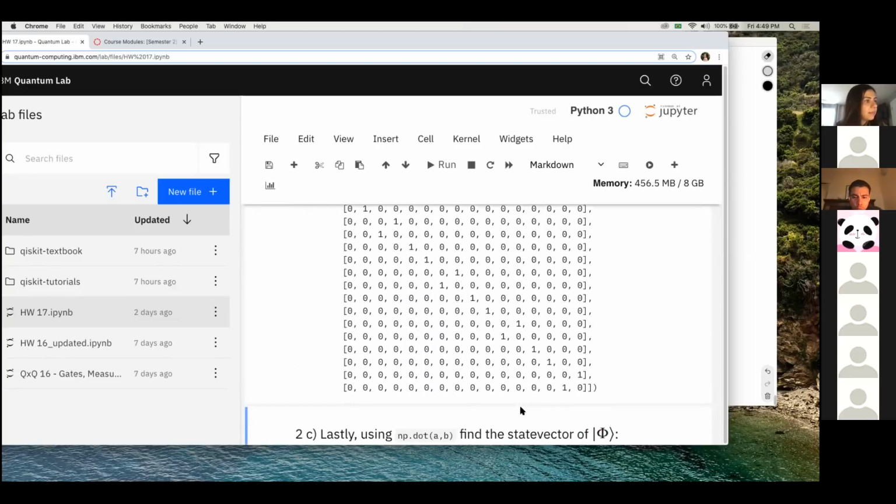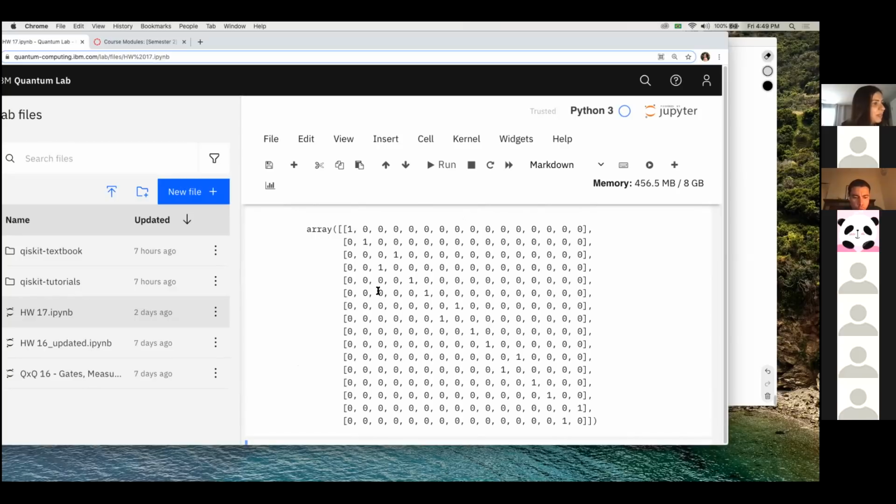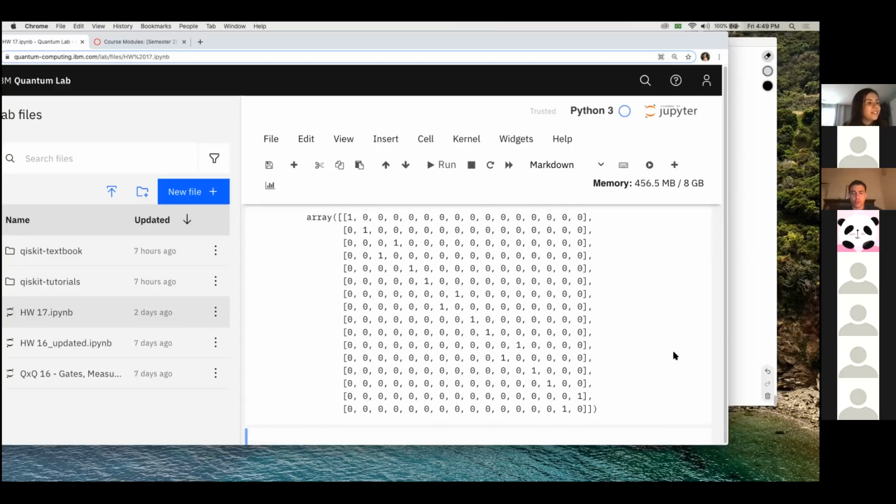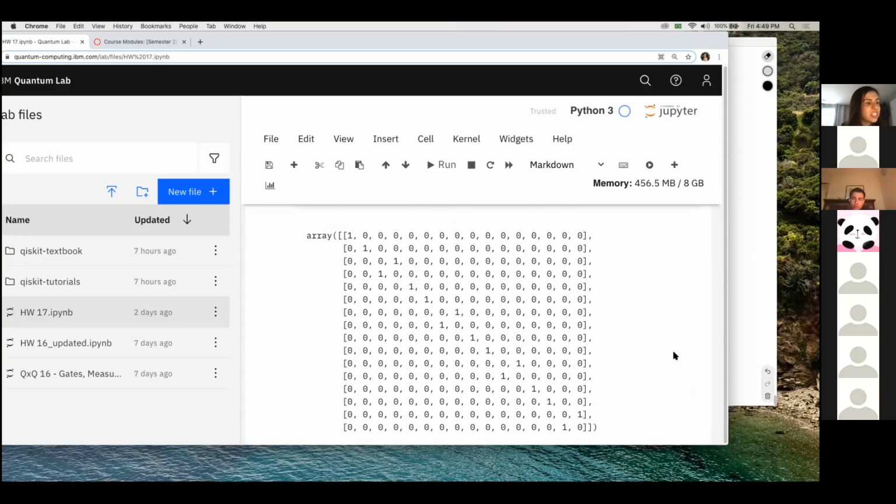If you look carefully at each part here, you're going to see a collection of identity matrices and X gates repeating on the diagonal. I like to observe and understand it.